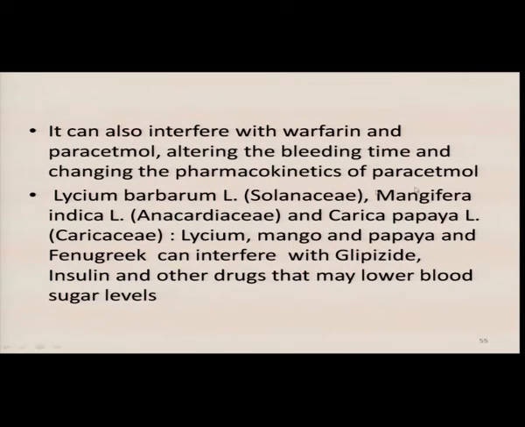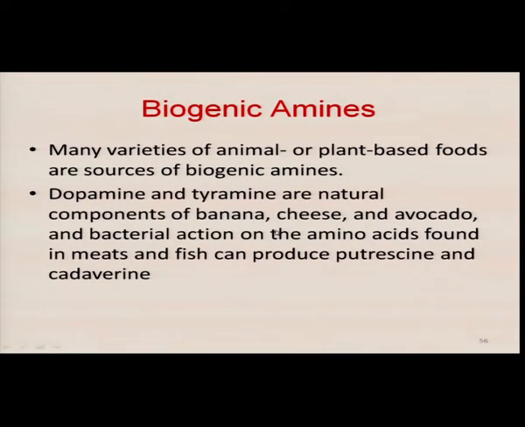So when you consume these and you are also taking medication for blood sugar, diabetes, one of the medications is glipizide, insulin is the other normal one. The effect of these drugs is also to reduce blood sugar levels, but if you are consuming this as a part of your diet and then consuming all these medications, the blood sugar levels can become alarmingly low, which is again dangerous.